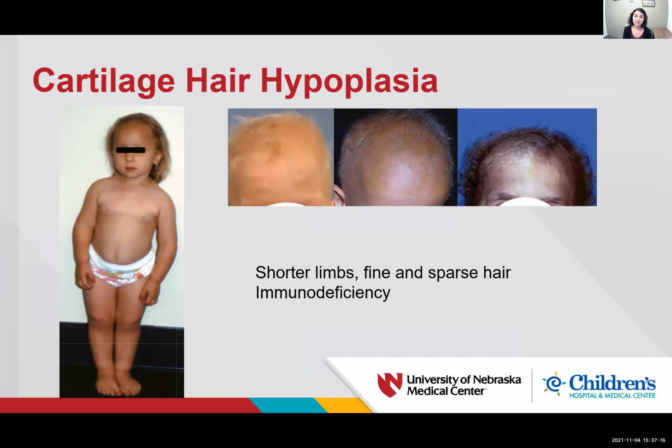Is it very fine and sparse and relatively deficient, which in conjunction with shorter stature and metaphyseal changes might lead you to asking more questions about signs of immune dysregulation or recurrent infections, and that together would make you think about cartilage hair hypoplasia.